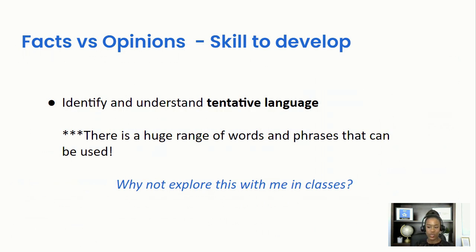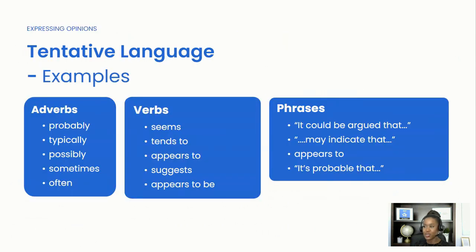There's a huge range of words and phrases that can be used when we're using tentative language. And just to be clear, tentative language tends to be used when we're giving opinions, not facts. If you want to explore this deeper in class with me, then I'd love to help you with this. But I will share today with you some things to look out for.